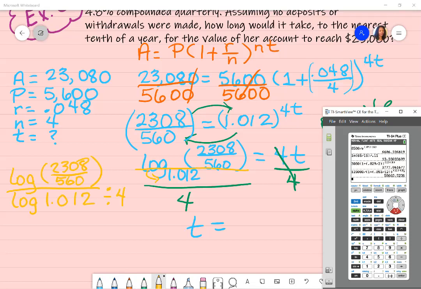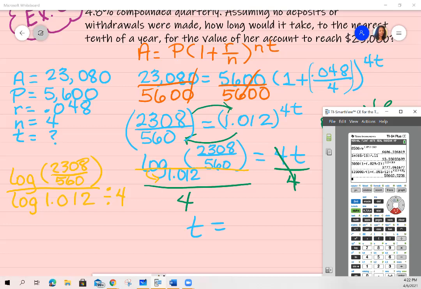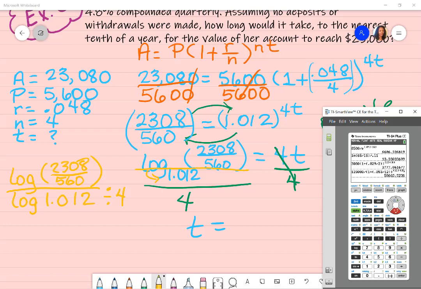All right, so where's my calculator? Here we go. So I'm going to type in the log, if I can get my cursor going. All right, so log and then parentheses 2308 divided by 560. And then I'm going to hit my division button, which is like a fraction, and I'm going to hit log again and type in 1.012.